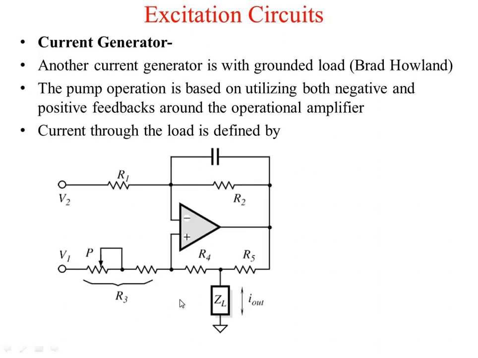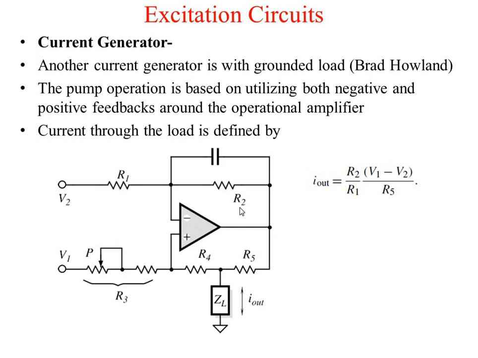You might be remembering the concept of this one. Here the load is grounded, and you will get the equation in terms of R3, R4 and R5. So the equation is given by I out is equal to R2 upon R1.